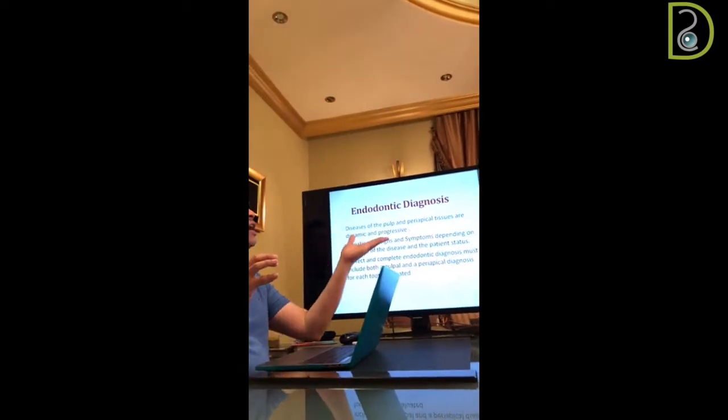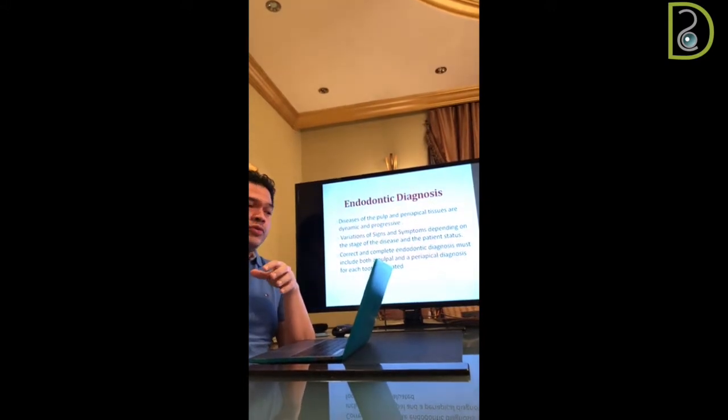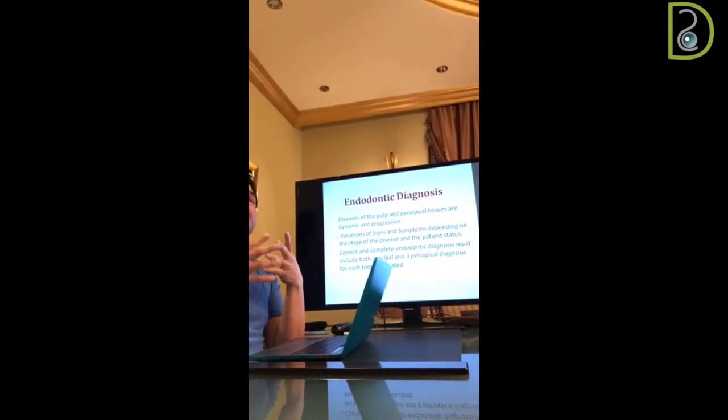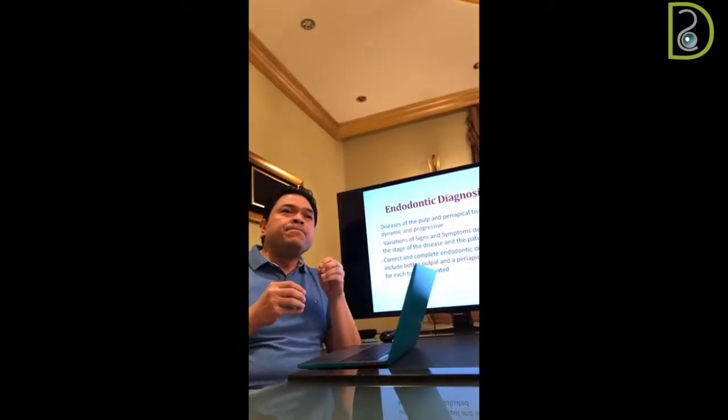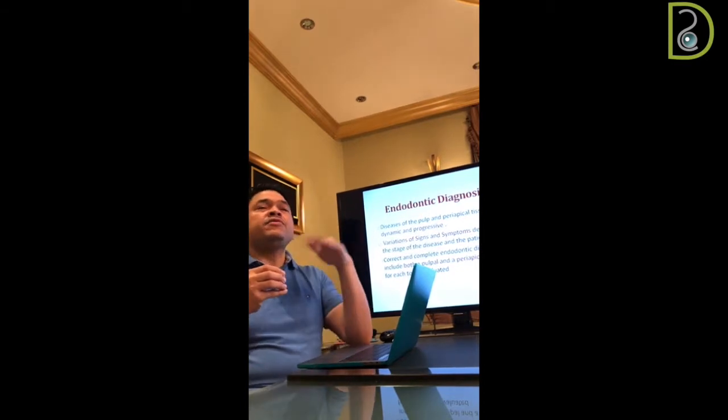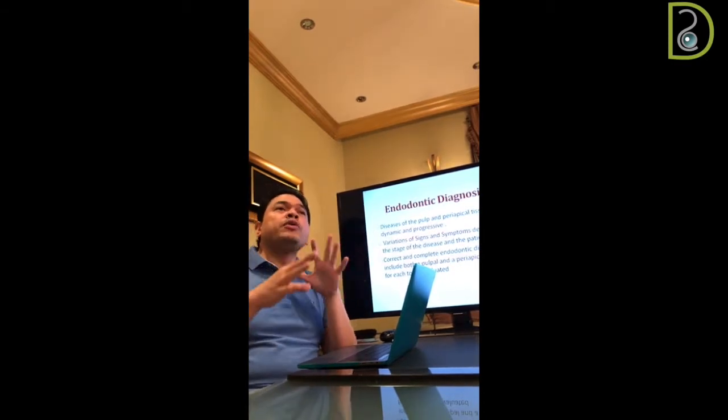Second, we always have variation in signs and symptoms, and this depends on the state. Sometimes there is severe pain, suddenly there is no pain. Sometimes slight pain, then severe pain, then no pain. So it's always changing.